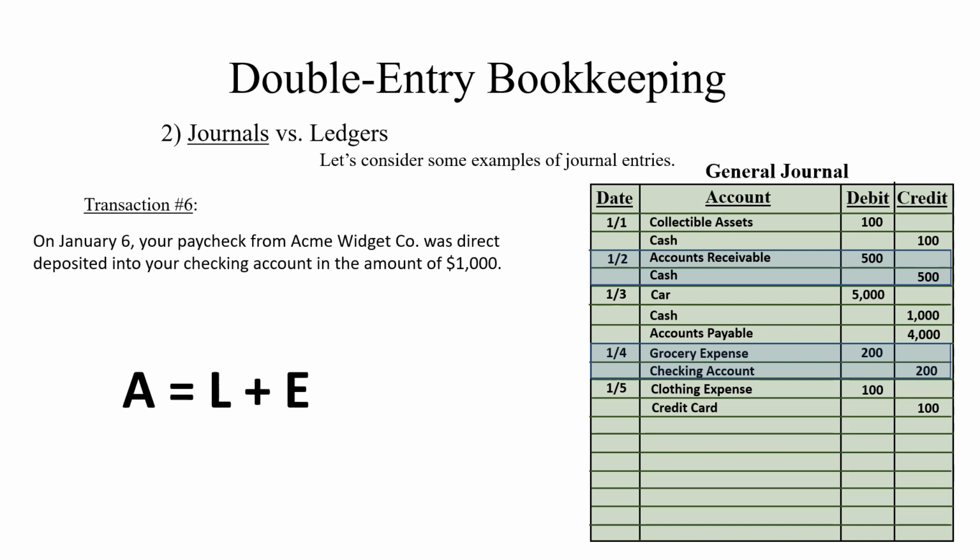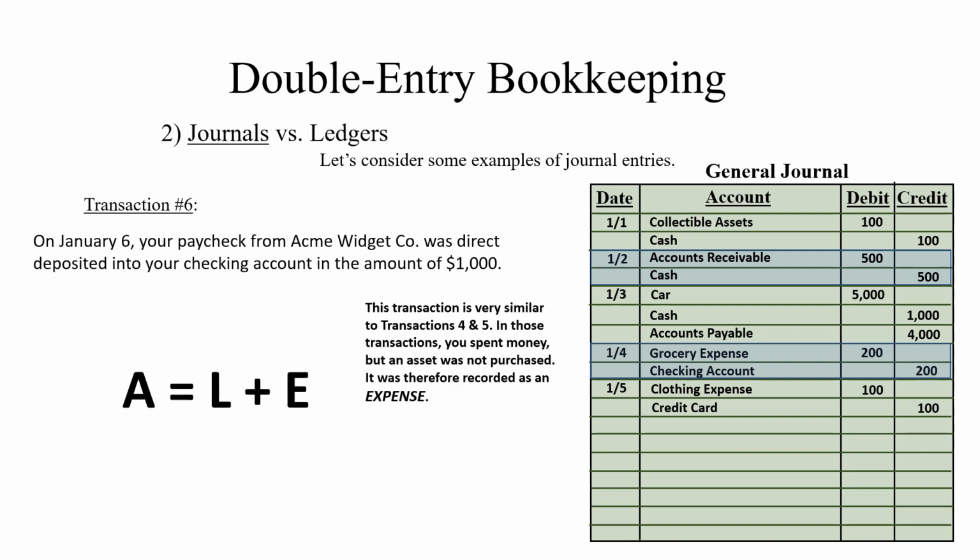Transaction number 6. On January 6th, your paycheck from Acme Widget Company was direct deposited into your checking account in the amount of $1,000. This transaction is very similar in an important way to transactions 4 and 5. In those transactions, you spent money, but an asset was not purchased.